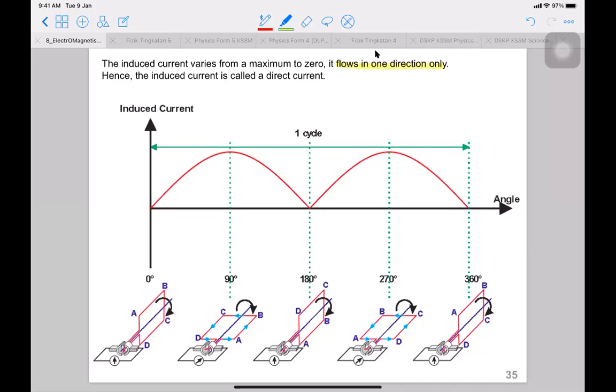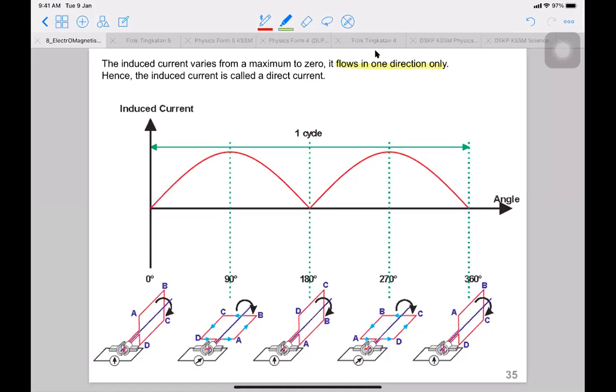The current is only going in one direction. Yes, which direction is that? By looking at this graph, which direction are we referring to? Positive. Okay, it only flows in the positive direction, in the upper part.